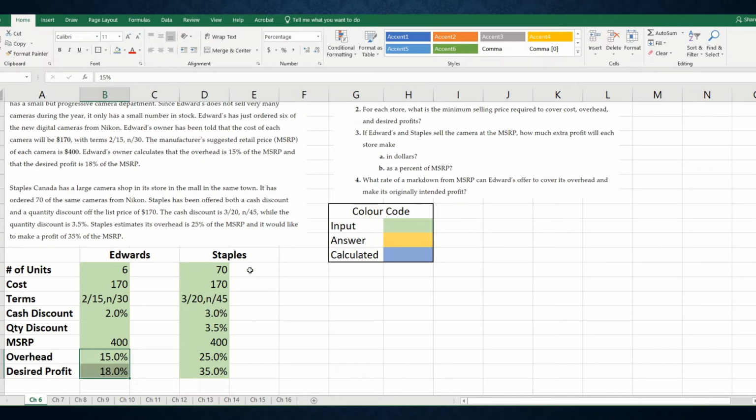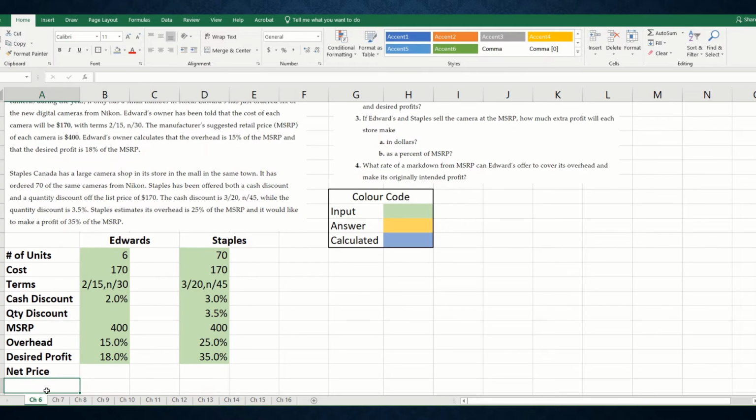All right, so now we're going to just do some calculations, find out what the net price is that they paid. So we're going to put in net price down the bottom here. So the first thing I have to do is figure out what the cost of the items is, like what did Edwards and Staples pay. So I'm going to put in a simple formula that says equals the number of units that they purchased times the cost of those units.